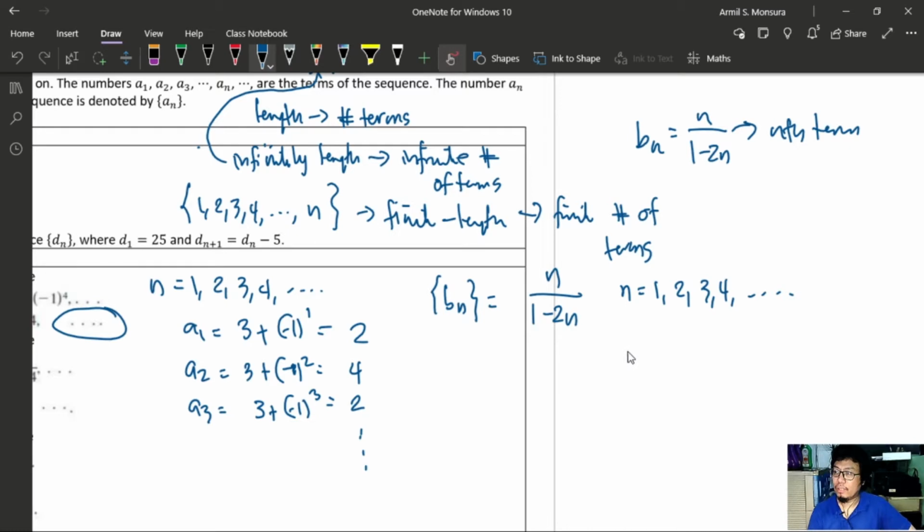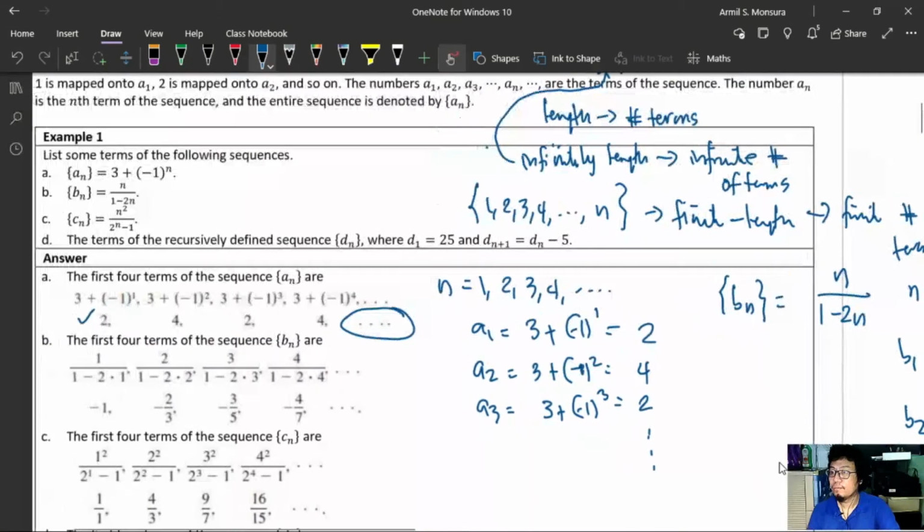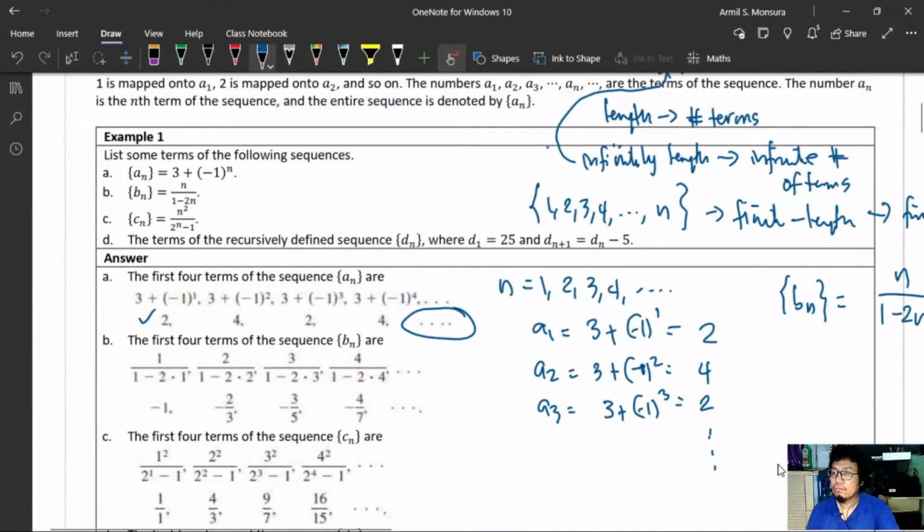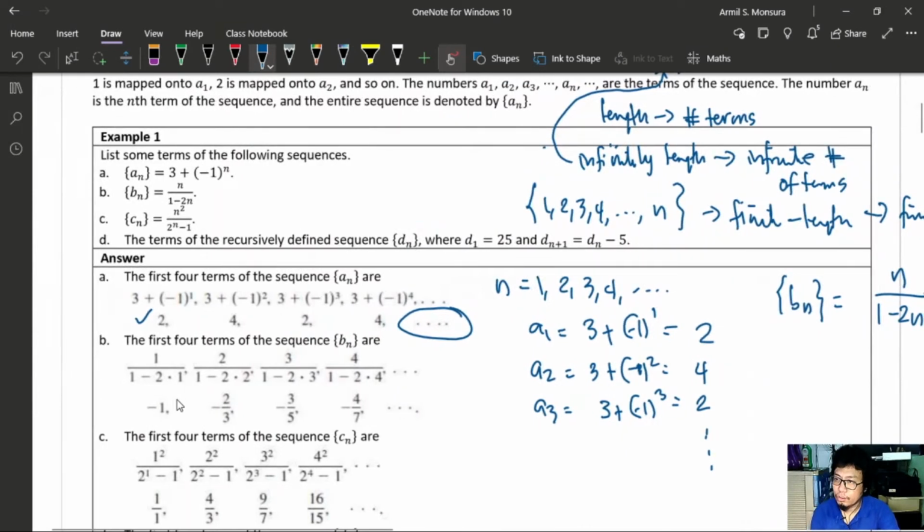So that we can have b sub 1 equals 1 over 1 minus 2 times 1. So that should give us 1 over minus 1. Okay, b sub 2 is 2 over 1 minus 2 times 2. So that should give you 2 over negative 3. I don't think this is negative 1.